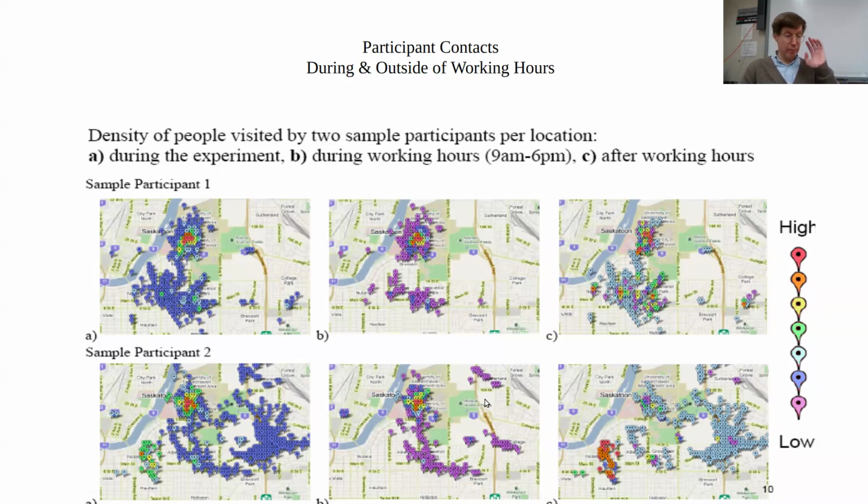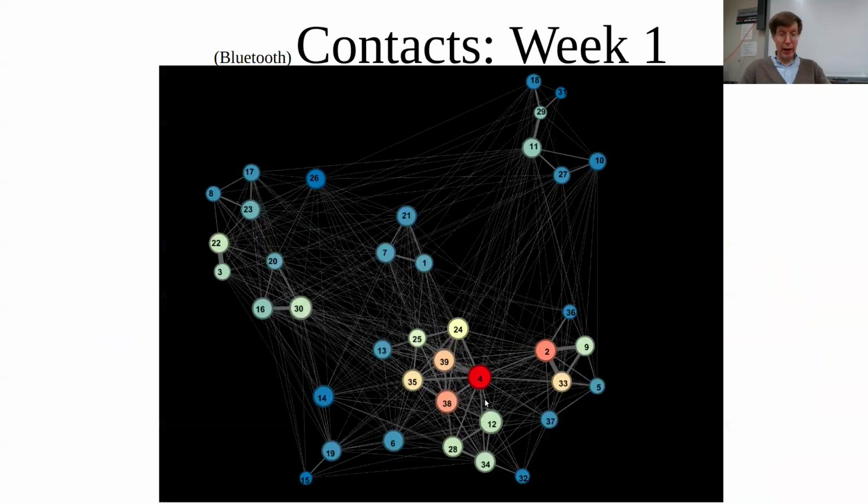You could also look at a weekday versus weekend. And using Bluetooth connections, for example, we've tracked contact patterns at a 5-minute level of granularity, but also summarized them up to things like weeks.